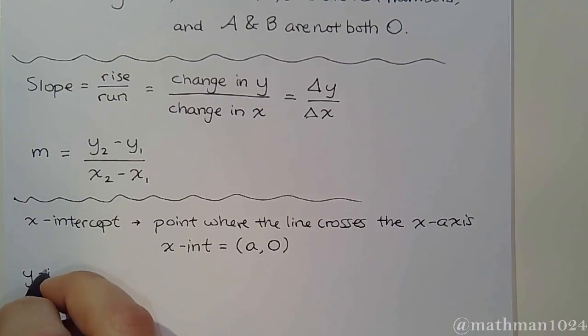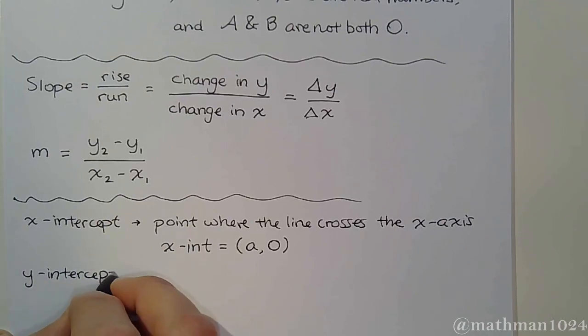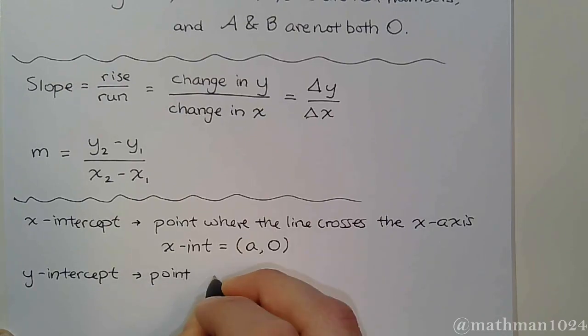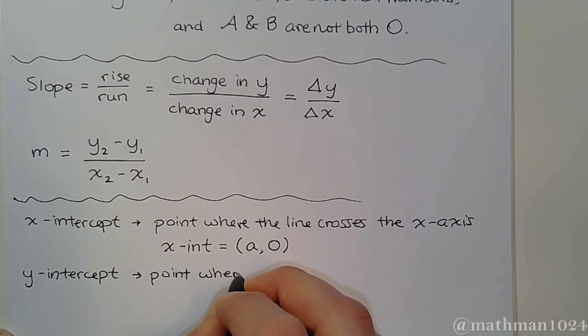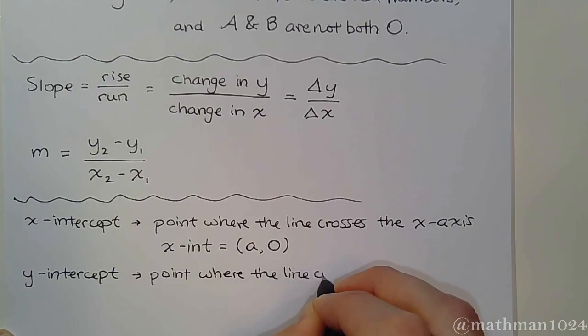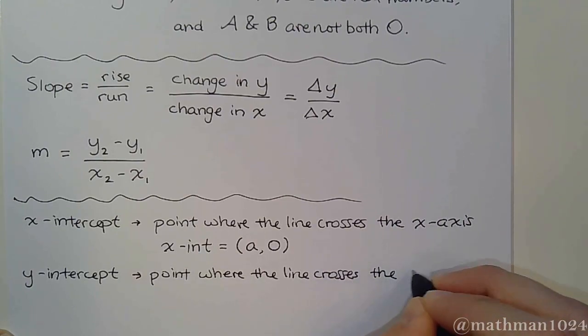And we have a very similar definition when we talk about the y-intercept. So the y-intercept is a point. It's the point where the line crosses the y-axis.